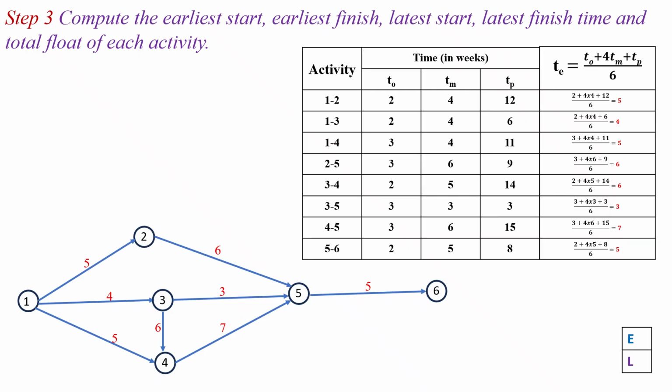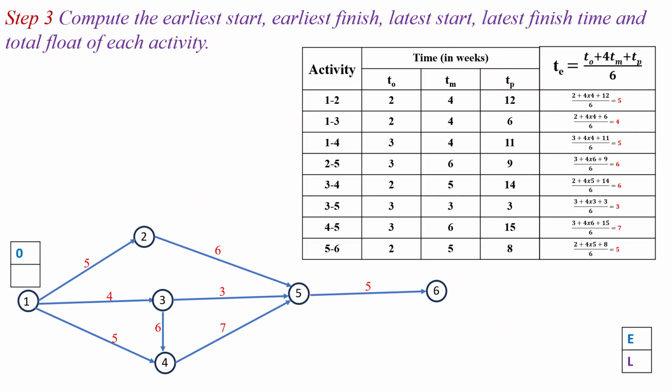So next we have to determine the earliest start time and earliest finish time by the forward pass method. In forward pass method, we have to start at the first event and consider the earliest start time is 0. Here first event is 1 and considering the earliest start time is 0.